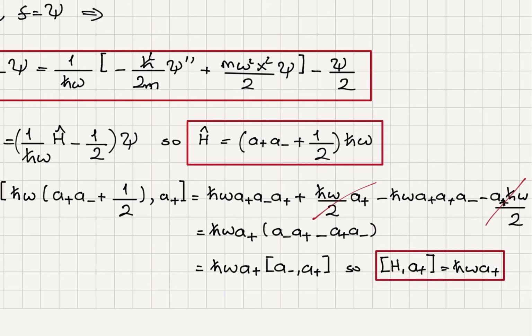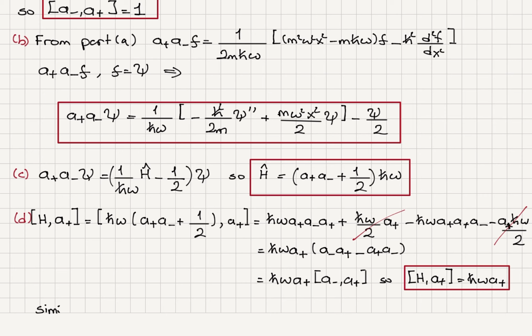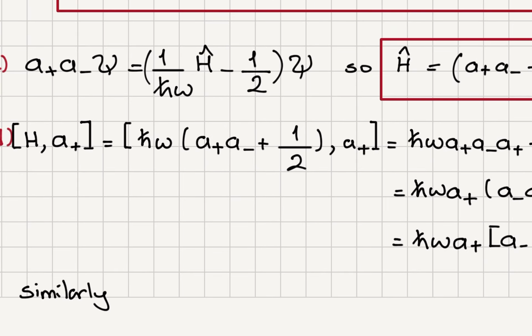And the other part of the problem is asking us similarly for the Hamiltonian operator A minus operator commutator. So we're going to calculate this commutator, H A minus, and this is going to be very similar to what we have here.